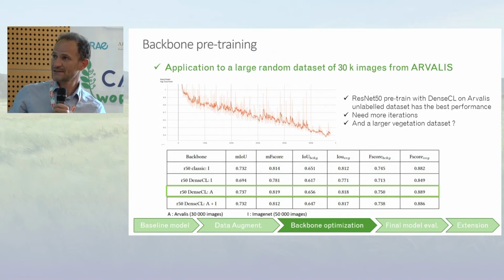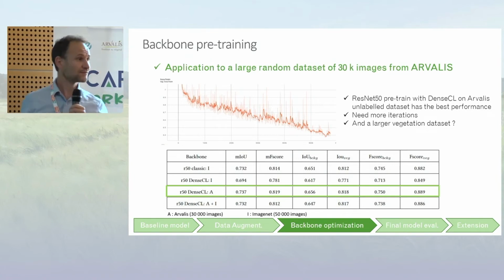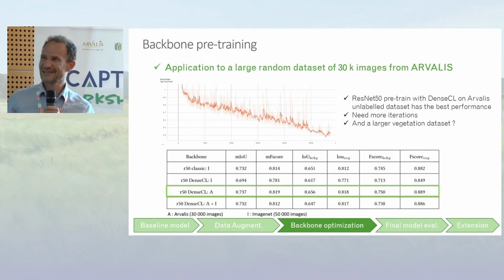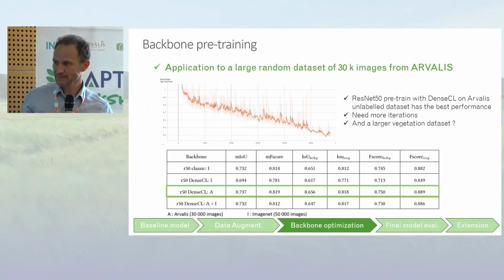But we can expect that the performances will be better if we give more time to pre-train this model, and maybe add more vegetation data sets, because now we have large data sets, so we can try that.